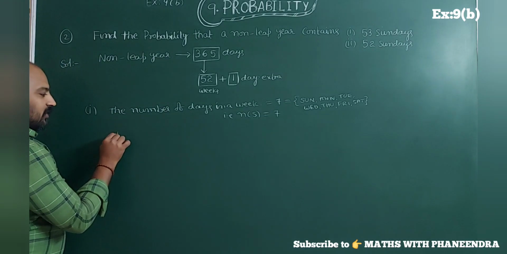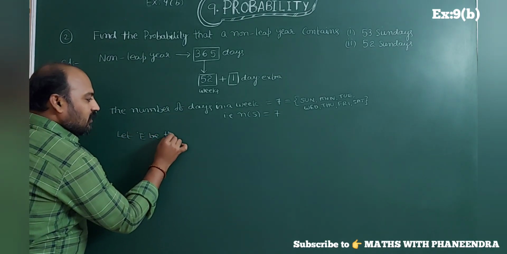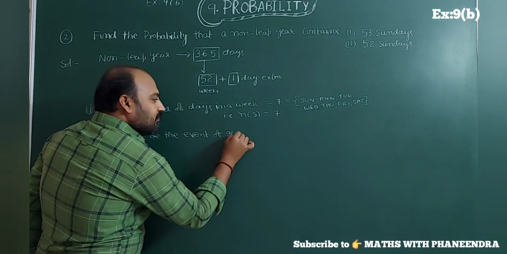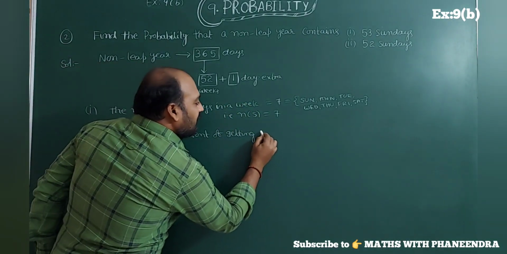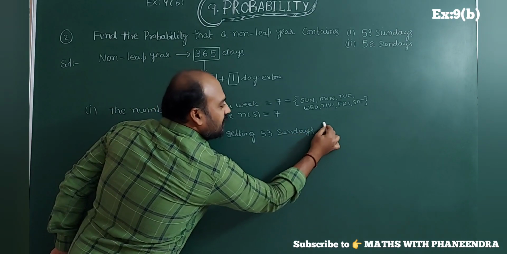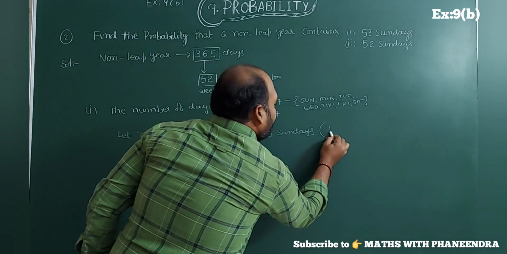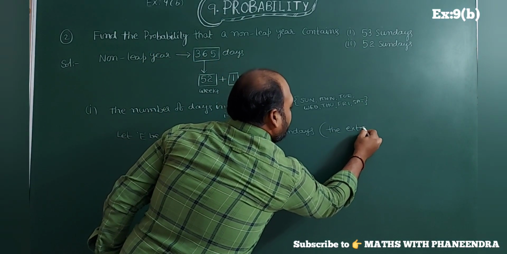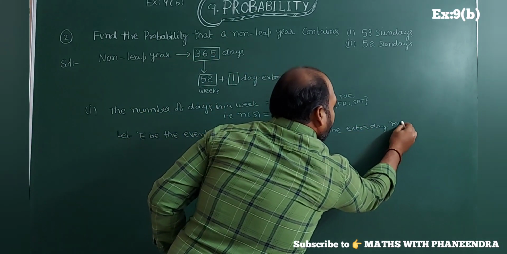Therefore, let E be the event of getting 53 Sundays. In brackets, you have to mention the extra day becomes Sunday. The extra day must be a Sunday.